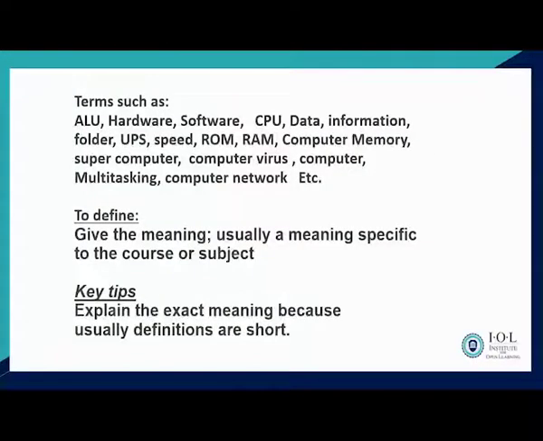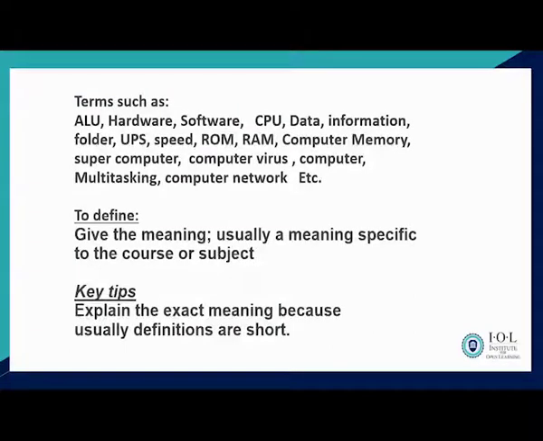I can go further to say the content of read-only memory cannot be altered, changed, or modified by the computer user, while random access memory can be changed or altered by the computer user. With these two points, I've been able to bring out two differences.